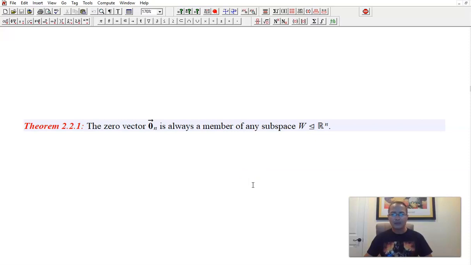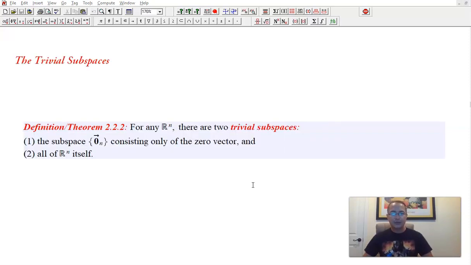So this makes sense. We've seen a couple of objects back in chapter 1. We saw lines that pass through the origin and planes that pass through the origin. Okay, so this definition tells us that if you have a subspace of Rn in general, it has to contain the 0 vector.